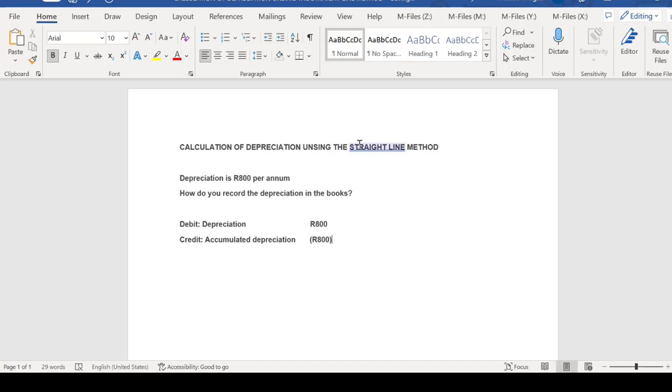This is the entry for the depreciation that we calculated. There will be an account called depreciation, debit 800, and an account accumulated depreciation, credit 800.